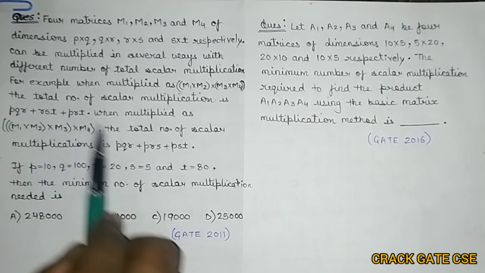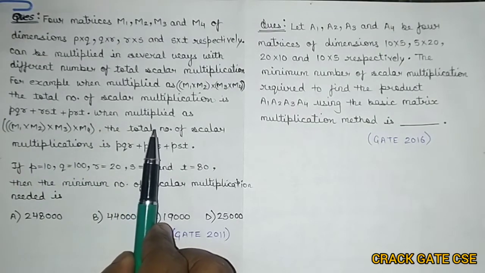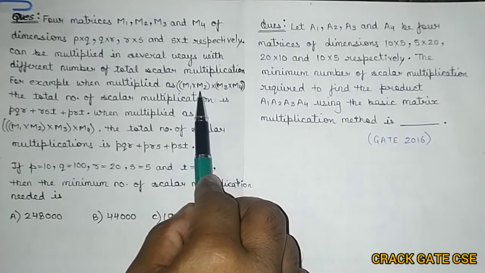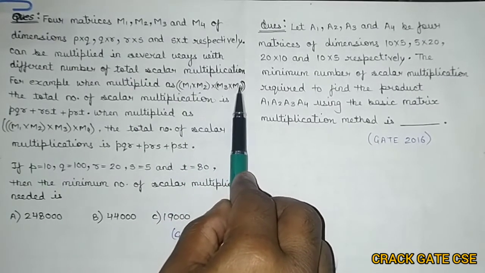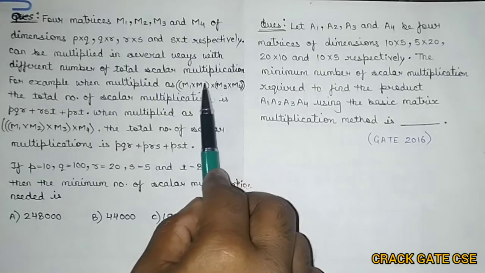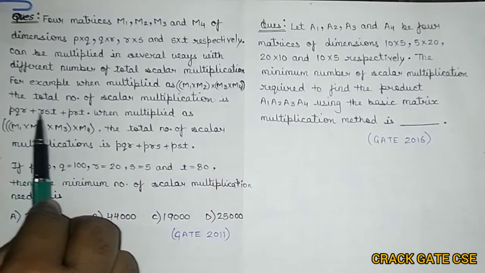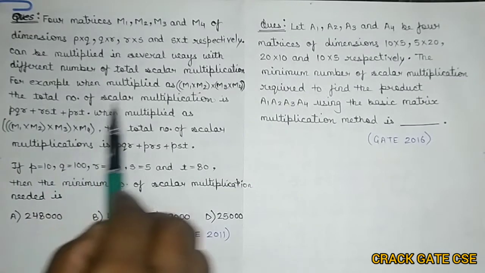Here they explained the same thing we did in matrix chain multiplication. When we are multiplying M1 with M2 and M3 with M4, and then multiplying these two results together, the total number of scalar multiplications is pqr + rst + prt.